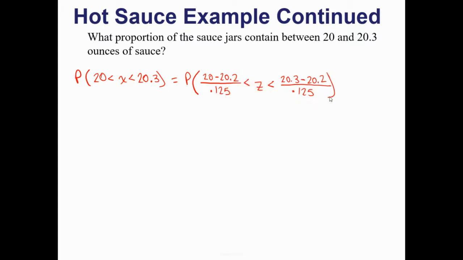Yeah, I'm right on top of the chart. I know I'm going kind of fast. My goal is to at least get this hot sauce example finished. What's my first standardized value? 0.0548.